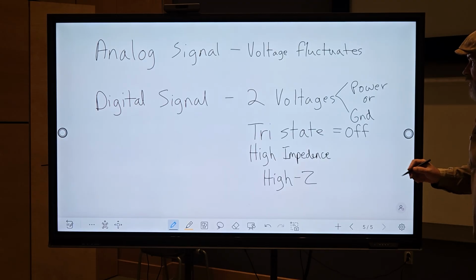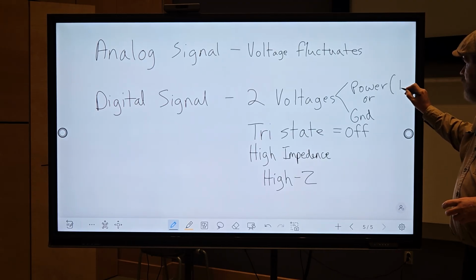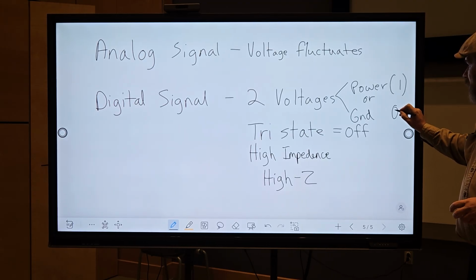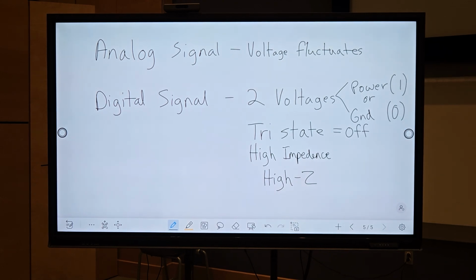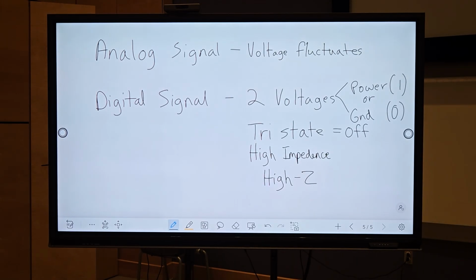These 2 voltages are often referred to as 1 and 0 logically, if you've been in digital logic already. You know that high state is 1, low state is 0, or ground is 0. But the tri-stated thing is off and should not be mistaken as it being a 0.